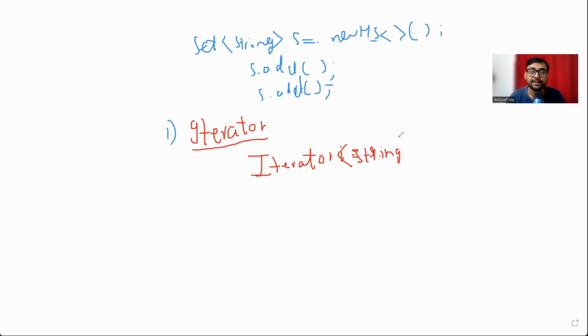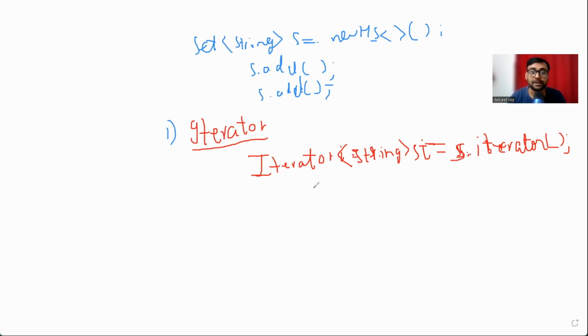So Iterator<String> si = s.iterator(). This is the first step: with the help of the iterator, you can iterate through all the elements of the set.